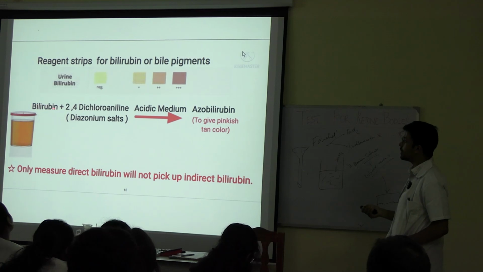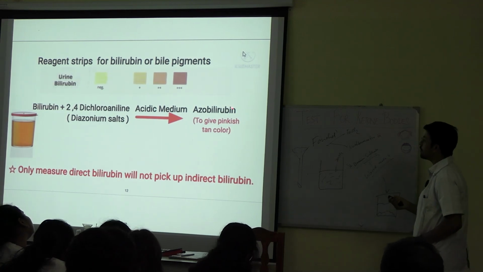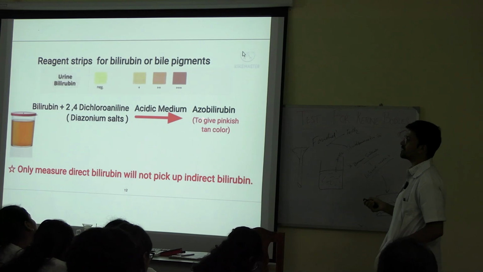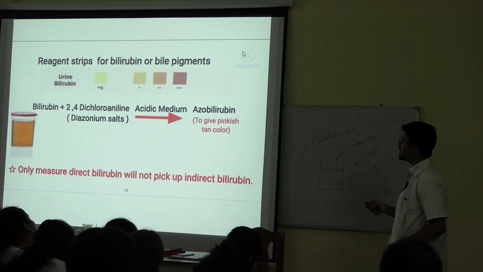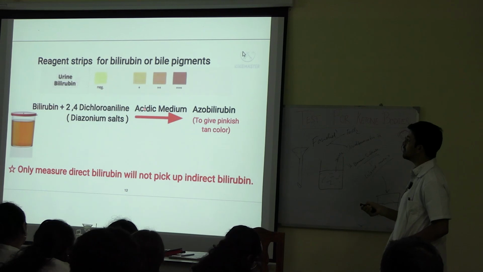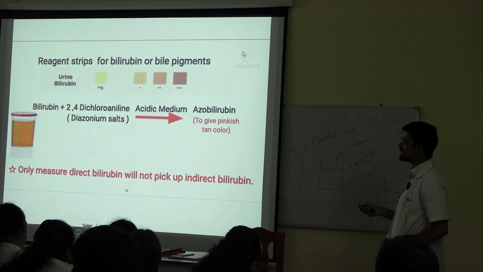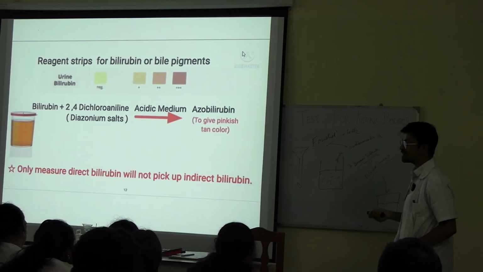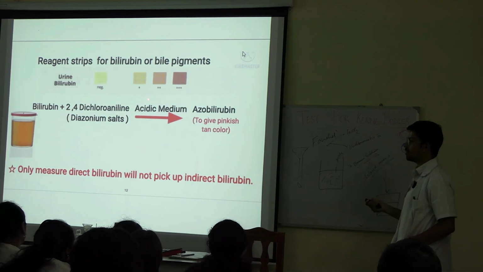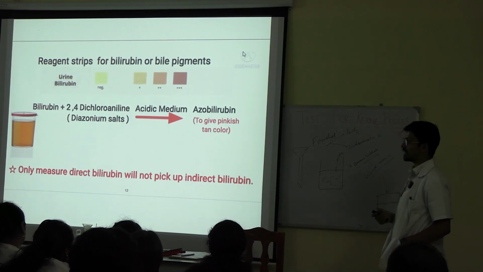Once it reacts with the bilirubin in the acidic medium, it forms azobilirubin. This azobilirubin is the thing that gives these colors. So this azobilirubin is the only particle giving you the color, and this is the chemical that is there in the strip. This can be asked: what is the chemical being used in the strips that gives you the color change, with which the bilirubin is reacting.